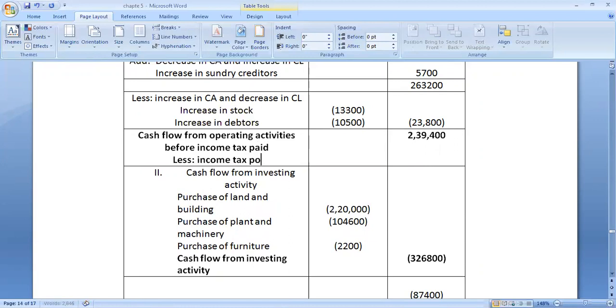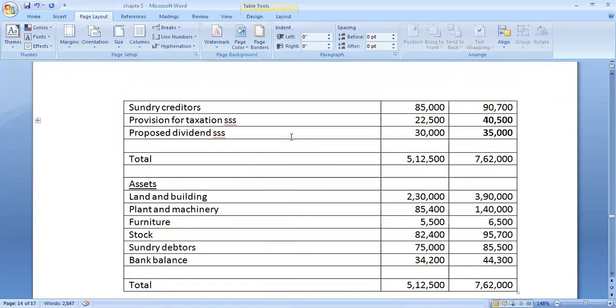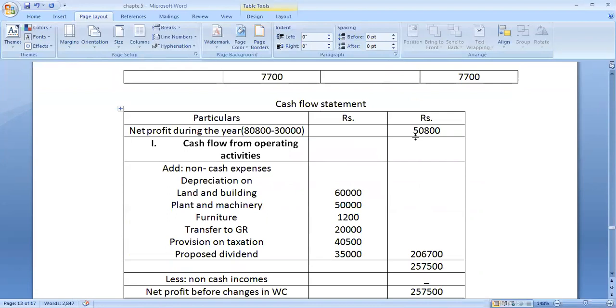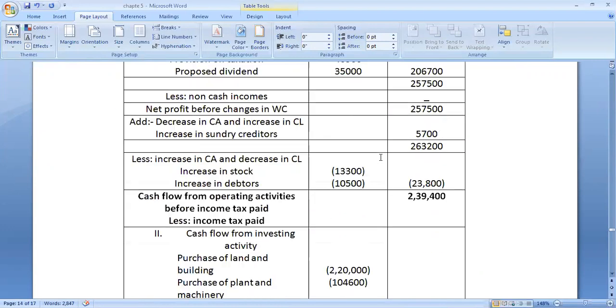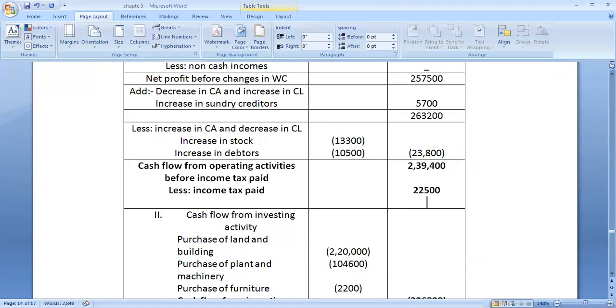So where does this appear? Income tax paid. So there is a provision for taxation which is given. So the beginning of the year, that is 22,500, will be the income tax which is paid. Income tax paid. Okay. So below that, take it as 22,500.